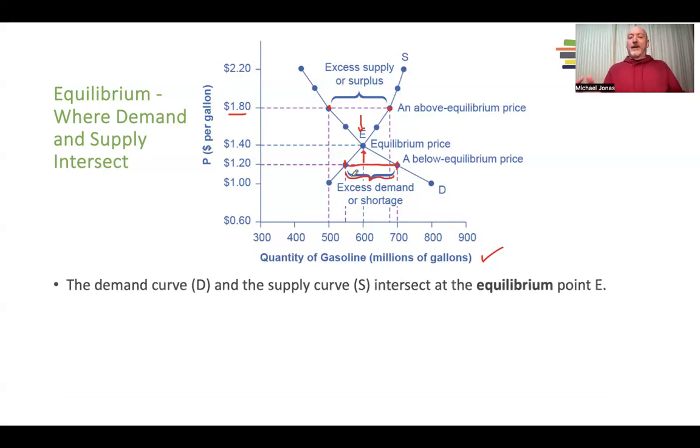In fact, that intersection point, that equilibrium that we see when we draw supply and demand, is better thought of as a center of gravity. It's the direction in which prices will tend to go, rather than an exact prediction of what a price is going to be at any point in time.